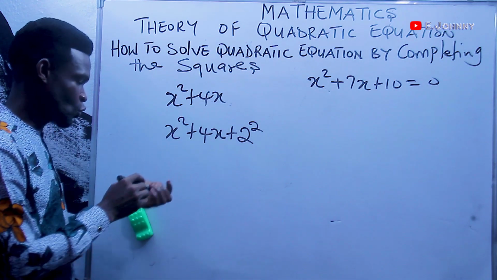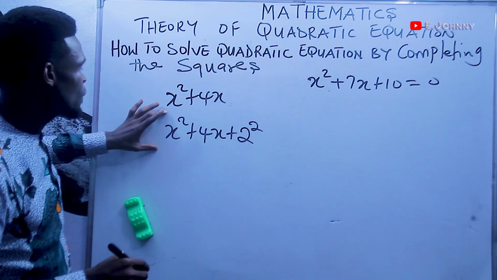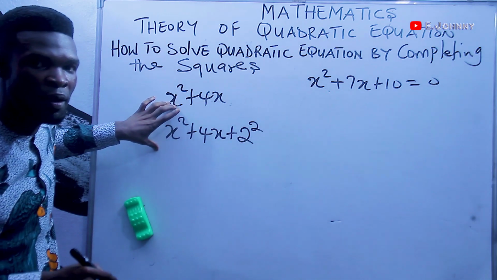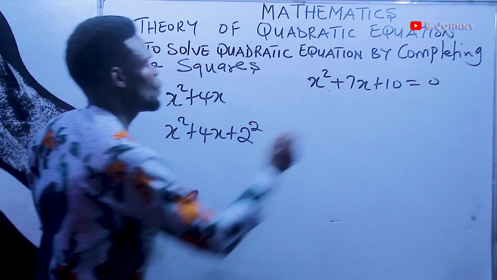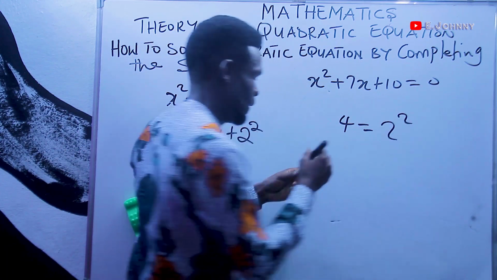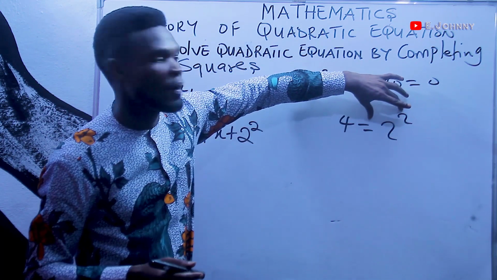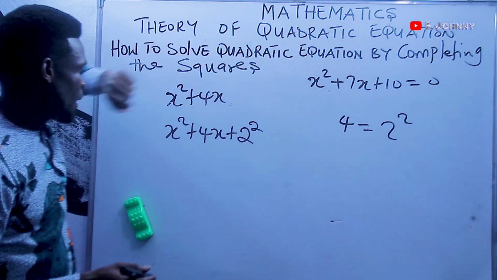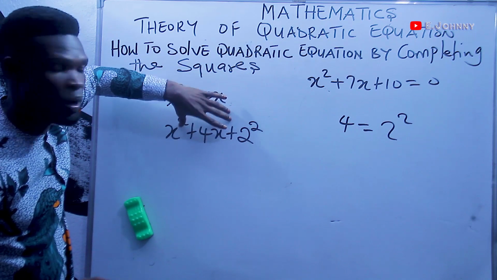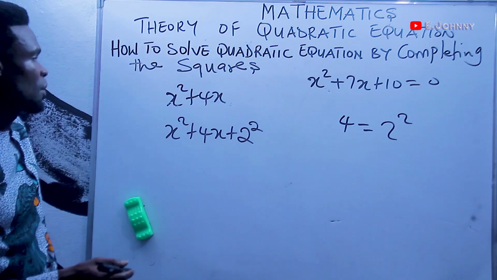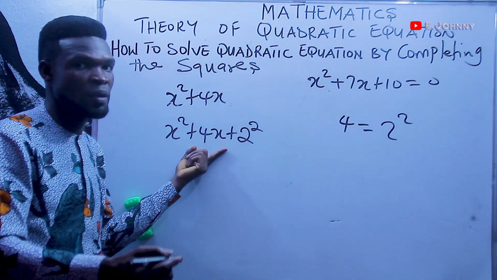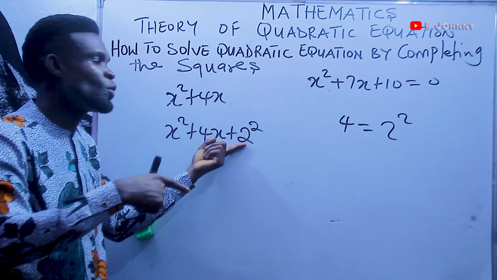You have agreed that this is the perfect square of this number, just like 4 is a perfect square of 2. Therefore, if this expression is a perfect square, I can write it in terms of power 2.